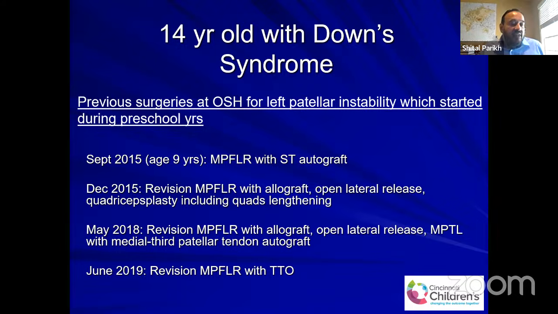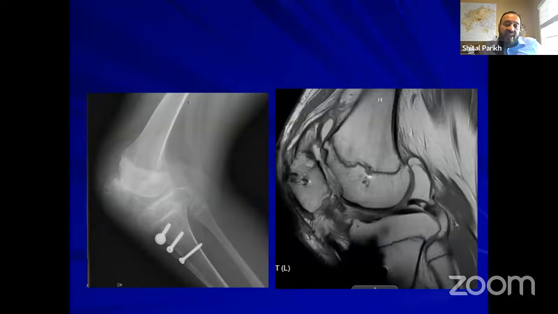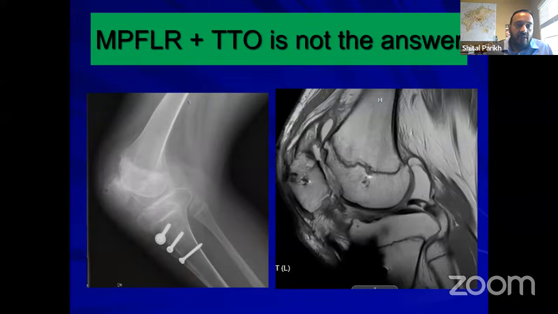That happens because the MPFL is not the problem. The tibial tubercle lateralization is not an issue. The issue in this patient is a quadriceps that's shortened and malrotated. Look at the X-ray of this patient after 4 surgeries and tibial tubercle osteotomy. Look at the patellofemoral joint, see how much destruction there is on the trochlea, and the patient still has symptoms. So what do you do for these patients then?